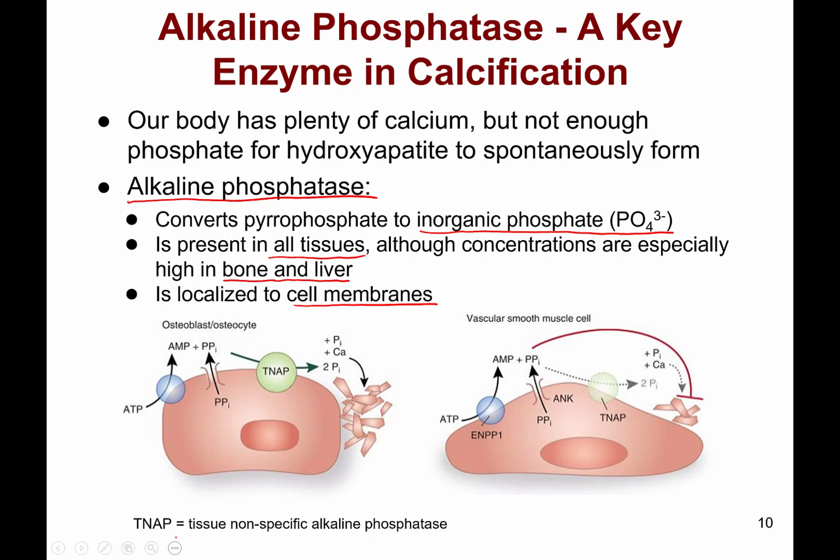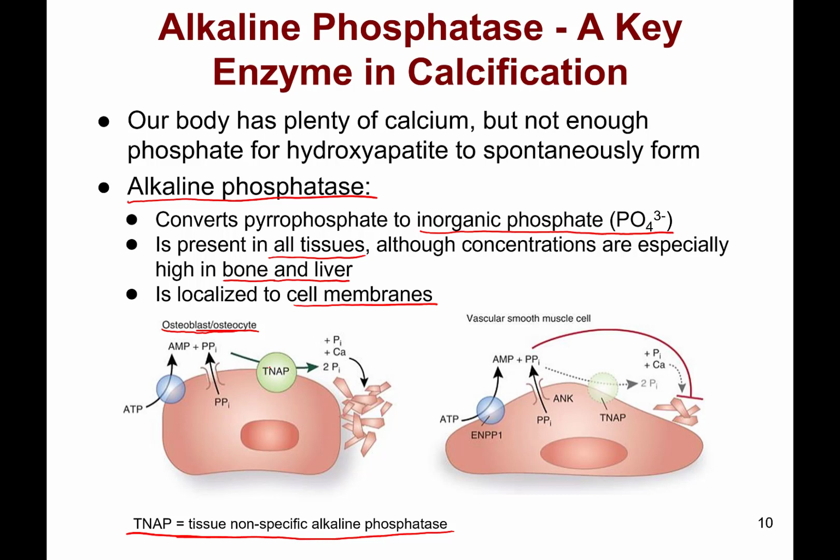In these cartoons, alkaline phosphatase is abbreviated as TNAP, which stands for tissue non-specific alkaline phosphatase. Recall I said it's present in all tissues, hence the name. But here we can see that it's localized in this osteoblast.